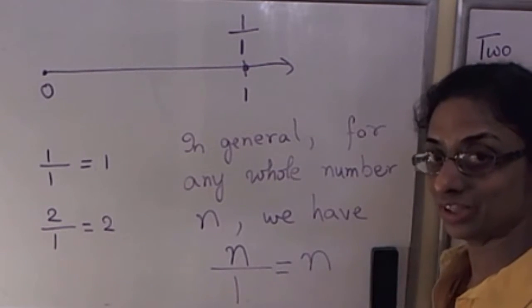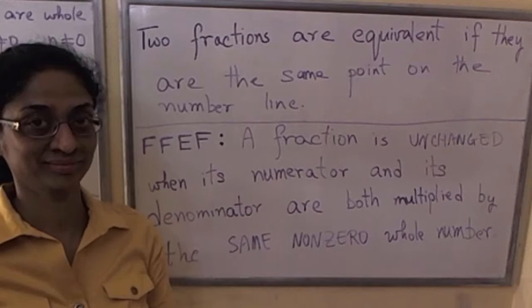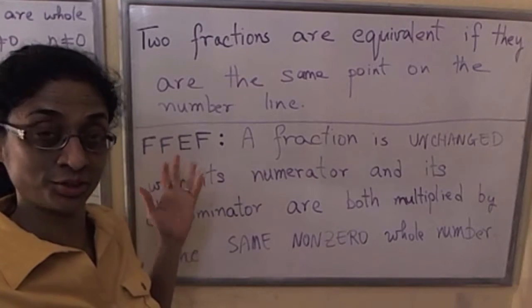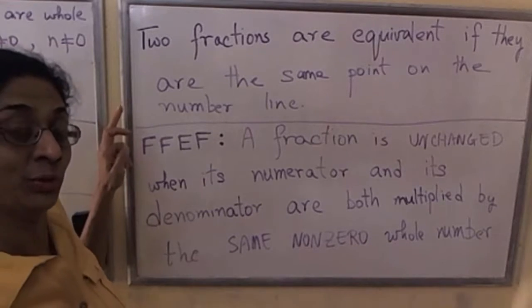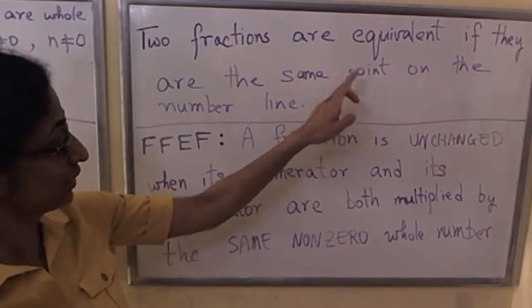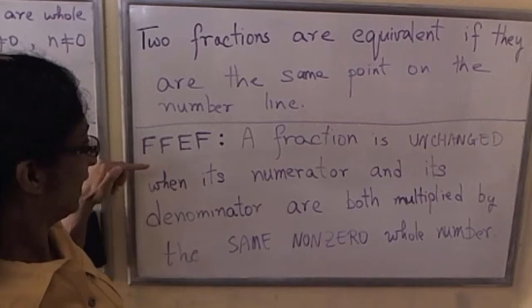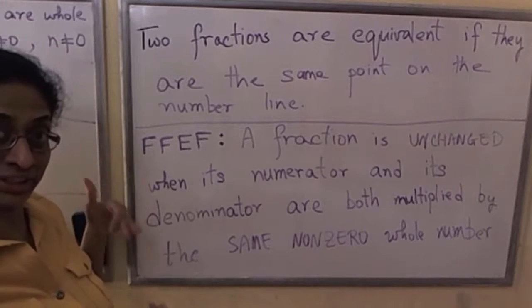I have a few more things to quickly review, and then we will move on to the cancellation law. So here's a very quick review of concepts that you already know quite well. Two fractions, remember, are said to be equivalent if they are the same point on the number line. And FFEF is something you're now very familiar with. We'll read through it again.